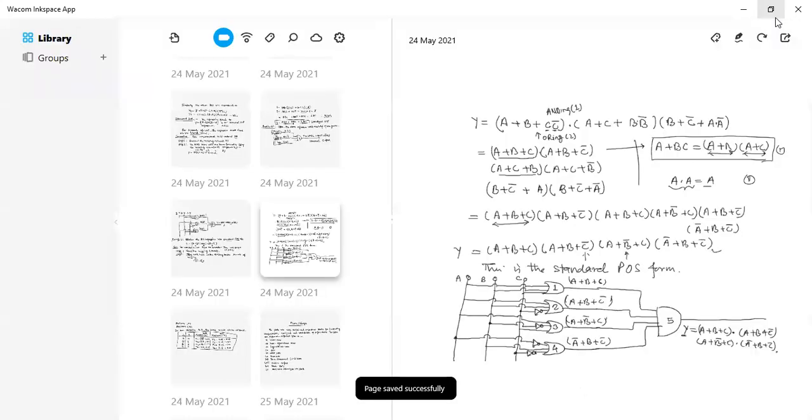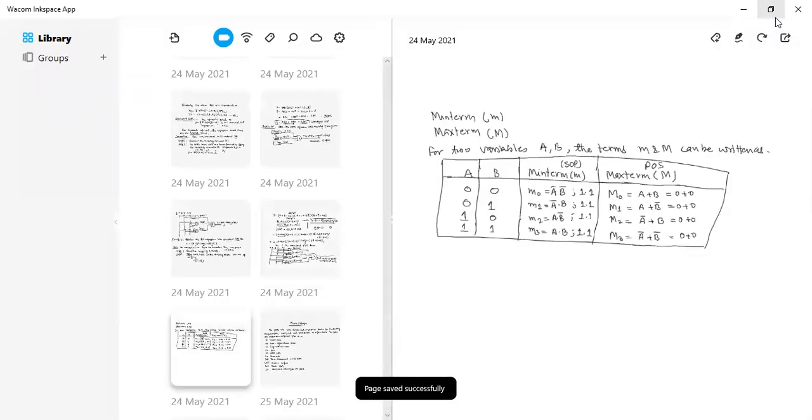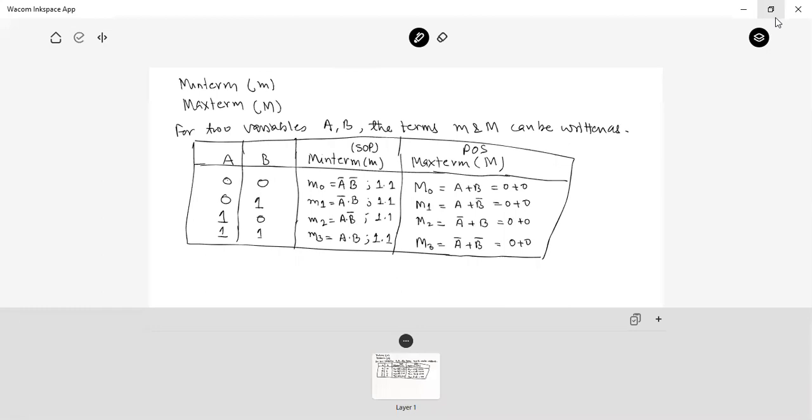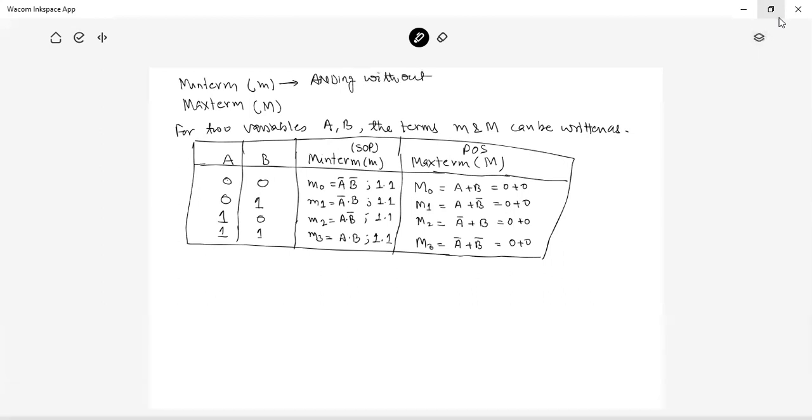Now, the next is how to develop the min terms and max terms. Basically, min terms are nothing but ANDing with output high. Output high means 1.